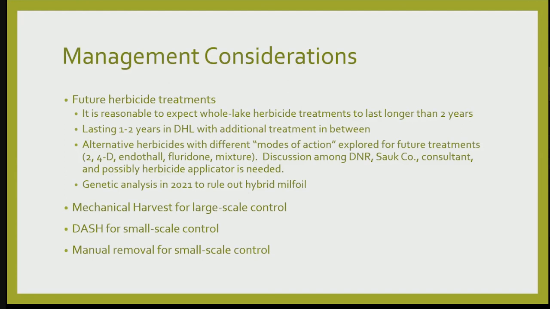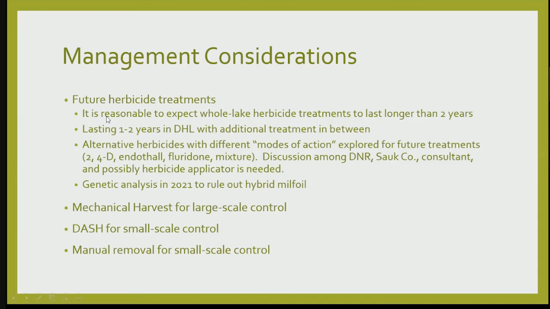Also, something to consider is genetic analysis in 2021 to rule out hybrid milfoil, because hybrid milfoil tends to resist traditional 2,4-D herbicide treatment. None of the milfoil looked hybrid to me, but it doesn't necessarily have to look hybrid for it to actually be a genetic hybrid strain.